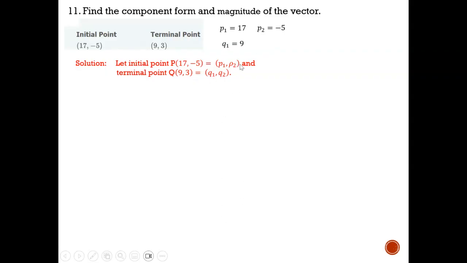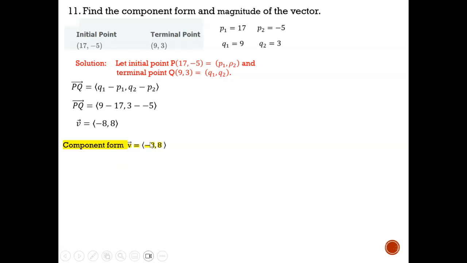Q1 is 9, and Q2 is 3. Okay, so this is the formula. So PQ is equal to Q1, which is 9 minus 17, and Q2 minus P2, which is 3 minus -5. It's going to give us -8, 8. This is a vector, <-8, 8>.